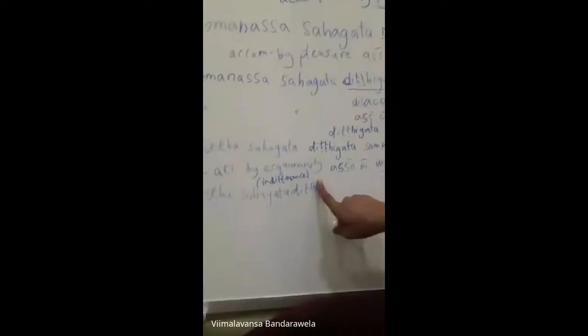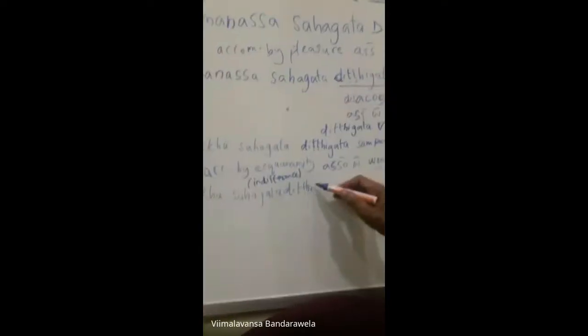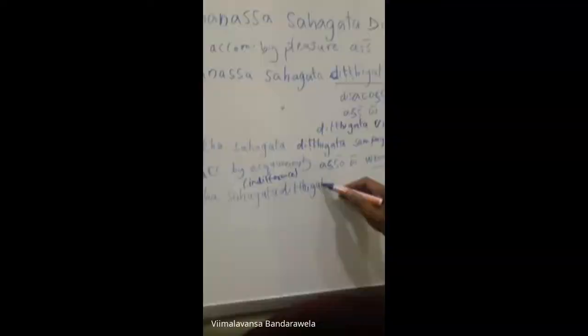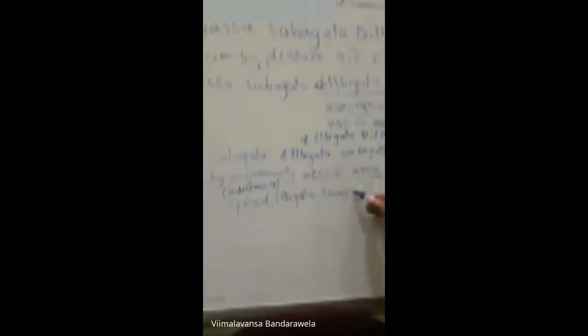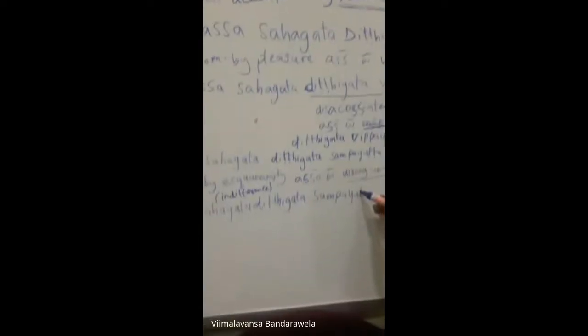What is that? Ditthigata sampayukta. Then what could the other one be? This is unprompted, then it will be prompted, no?